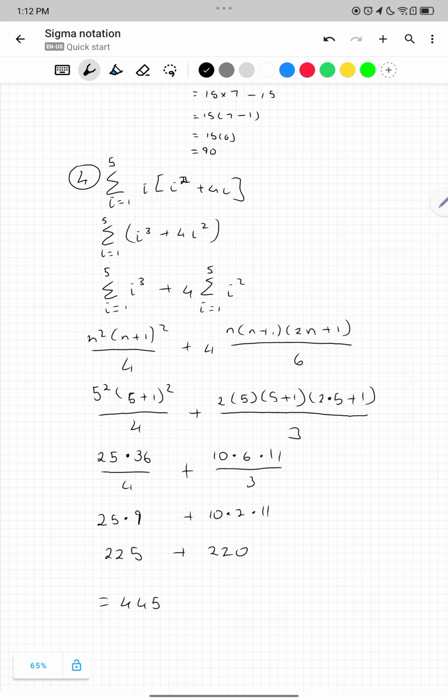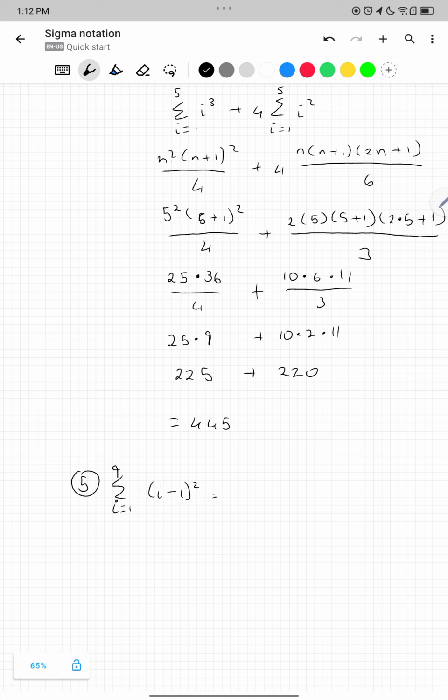Okay, let's do number 5. Just something like this: the sum from i equals 1 to 9 of i minus 1 squared, which is equal to the sum from i equals 1 to 9 of i squared minus 2i plus 1.